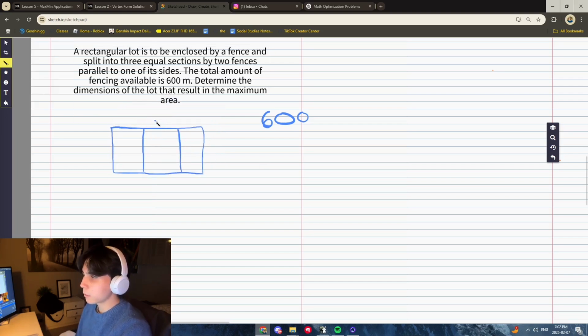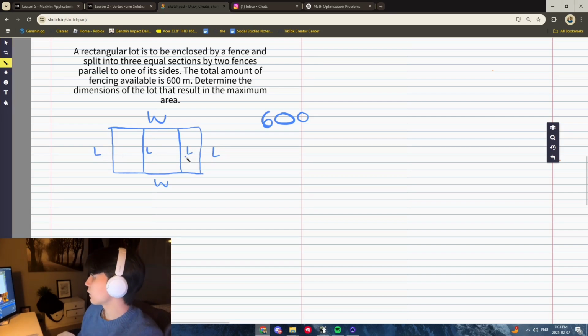However, in a normal rectangle, this would be length, and this would be length, and this would be width, and this would be width. And you could just add these 2 and add these 2 here, and that would give you perimeter. But since we have 2 more additional sides, we actually have to account for that. So I'm going to label width and length, and you just have to label these sides here.